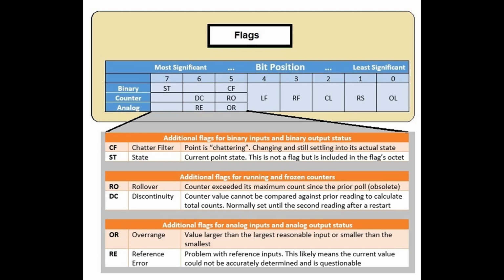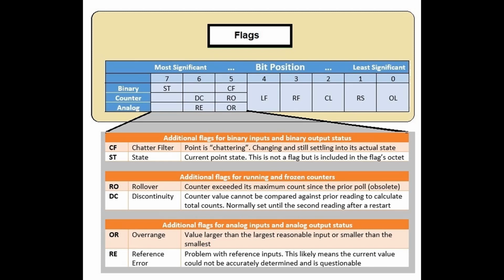The other flag is discontinuity. It means the counter value cannot be compared against the prior reading of the value for this counter to calculate total counts. Normally, this flag is set until the second reading after a device has restarted.